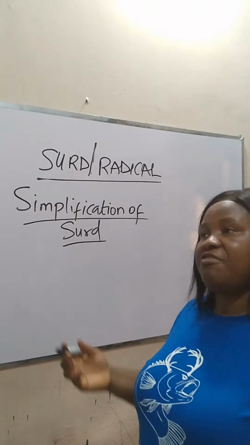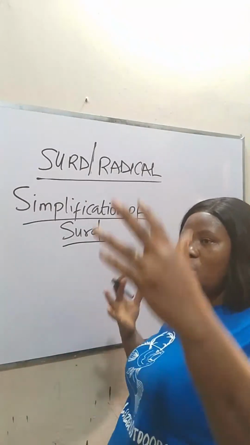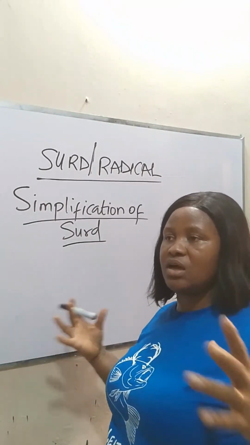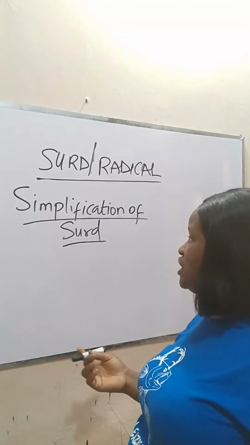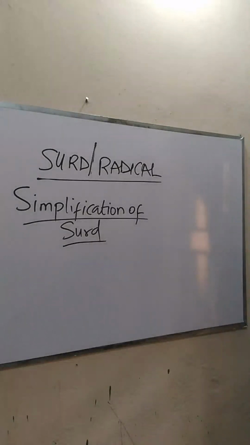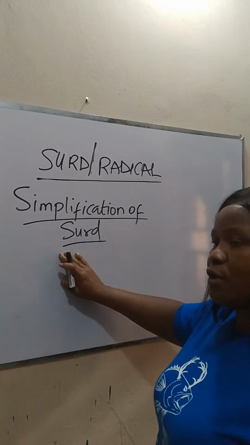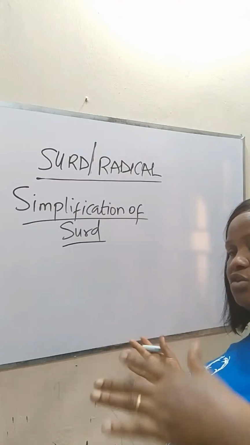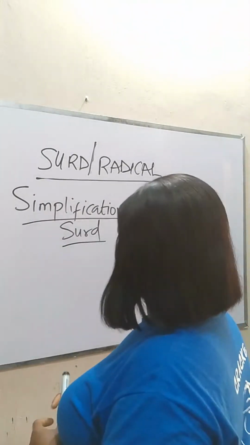Just like when you simplify in a radical, simplification simply means to break down an ambiguous number to a smaller form. That is what it simply means, in simple English. So you say surds can be simplified either in their simplest form or as a single surd. That is how you can convert a bigger one to a smaller one, or convert a bigger one to just a single surd.